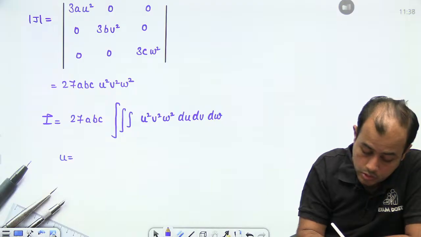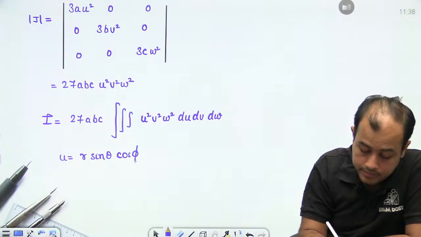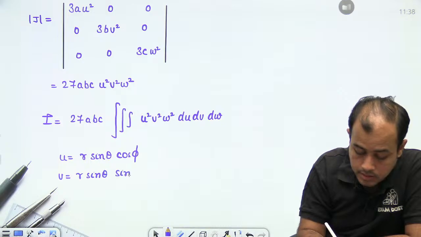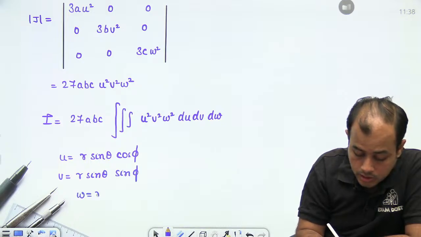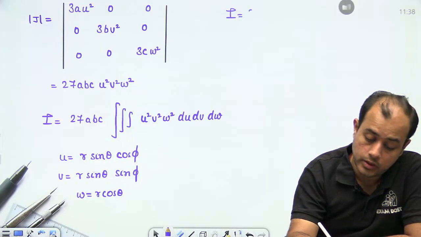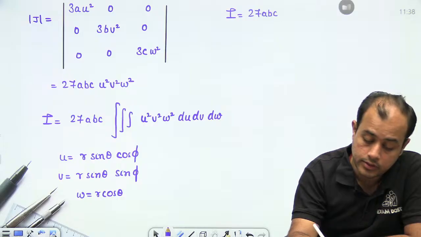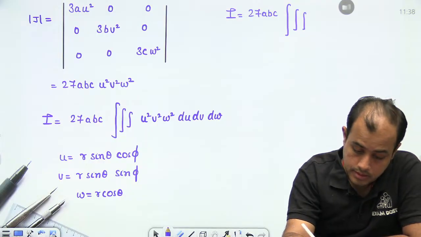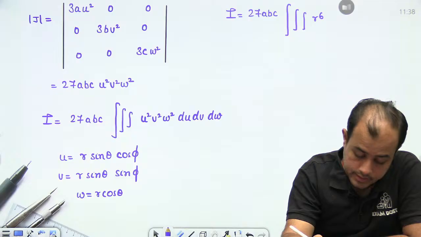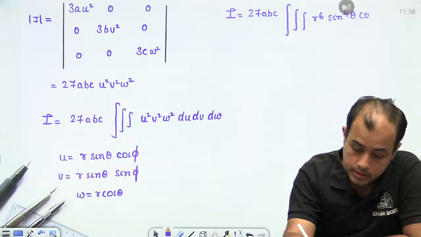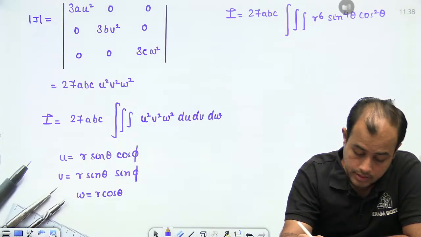I will go into spherical coordinates because my integration is over a sphere. The radius of the sphere is 1. So this is r to the power 6, sin to the power 4 theta, cos squared theta.